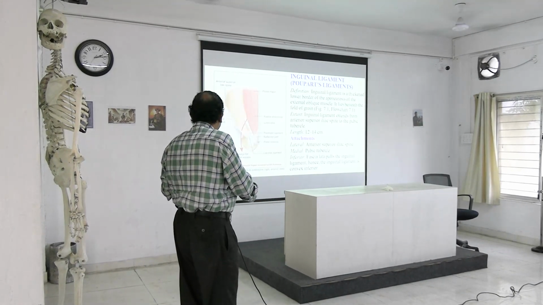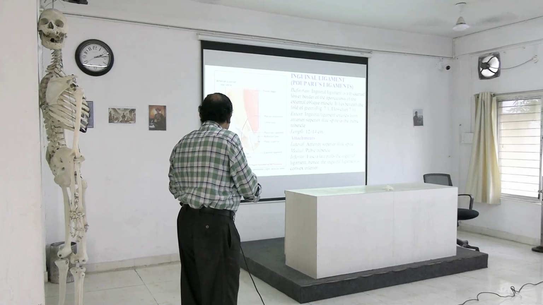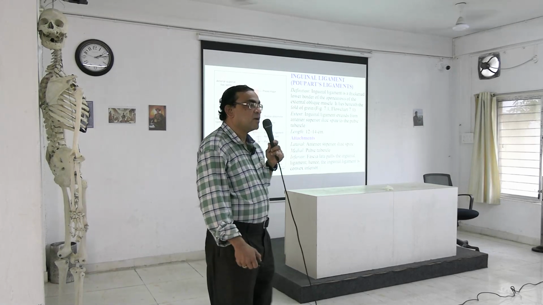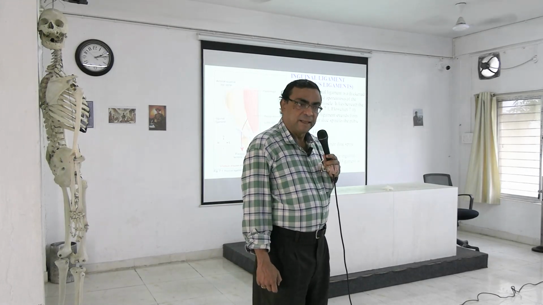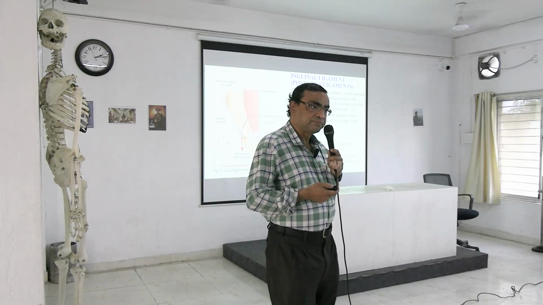This lacunar ligament has a base, and it looks like a triangle. This is the base and this is the apex, and here we get the lacunar ligament, nothing but a modification of the external oblique muscle.